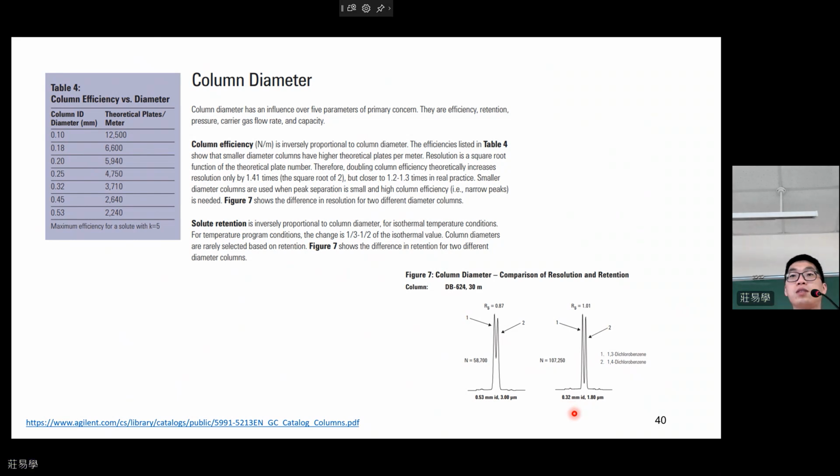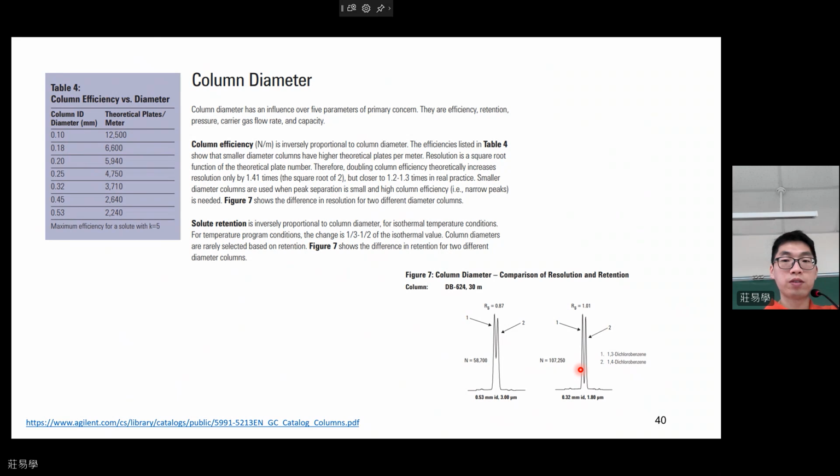Which one? Based on this table, the one with a smaller inner diameter is going to have a higher capability to produce sharper peaks. That's true here, you can see this. For this column, they got better peak shape. They got better separation efficiency. Does it make sense? Okay.